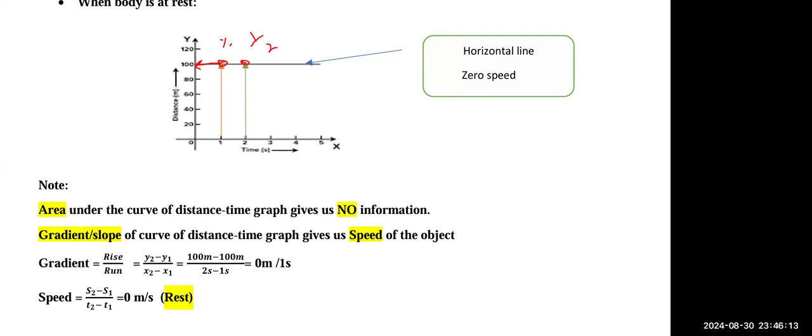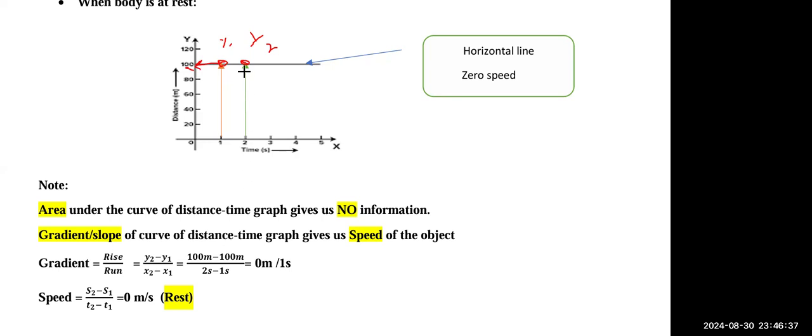To find the value of y2, you have to move back here. This is equal to 100. I have placed 100 meter minus y1, this point is y1. Then move horizontally and check the value from the y-axis. It is again 100 meter.